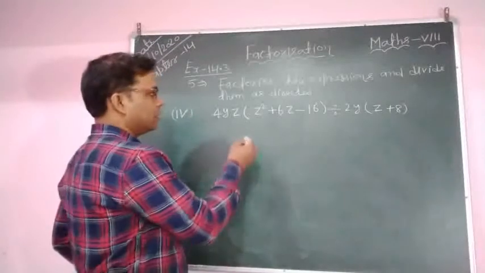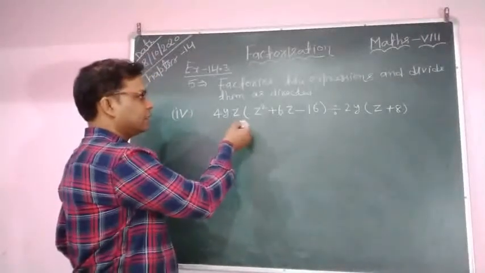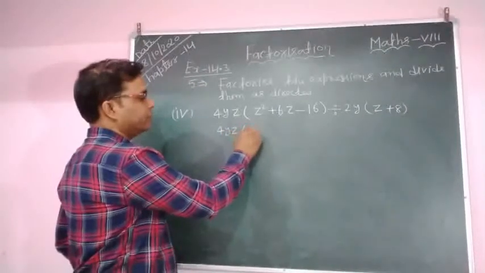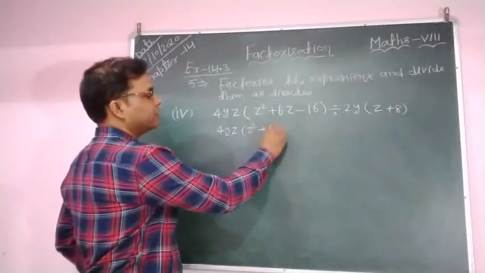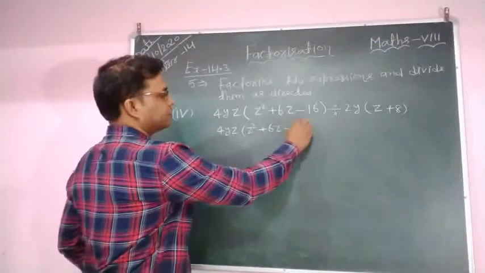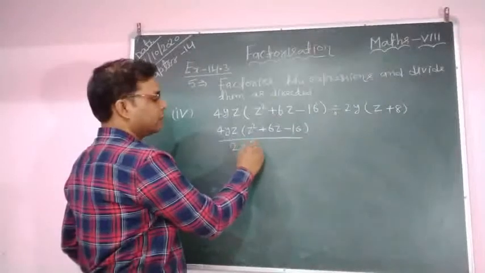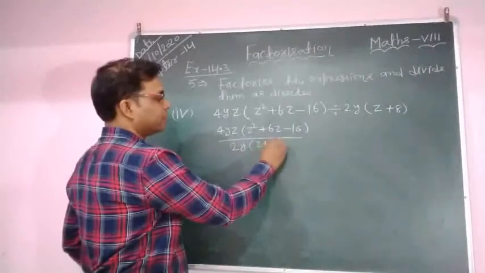Okay, so we can write it like this: 4yz into z square plus 6z minus 16 divided by 2y into z plus 8.